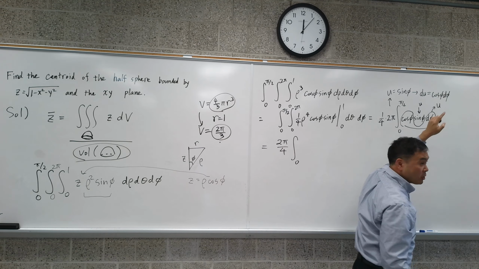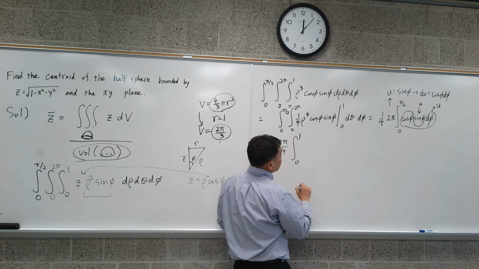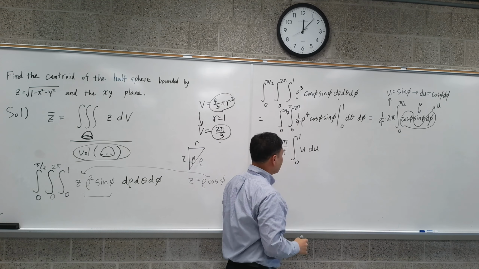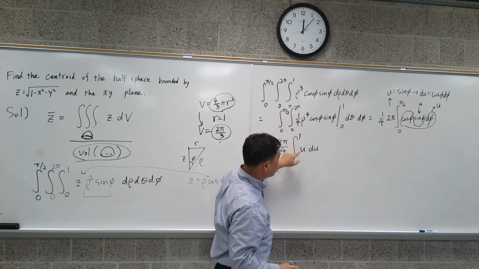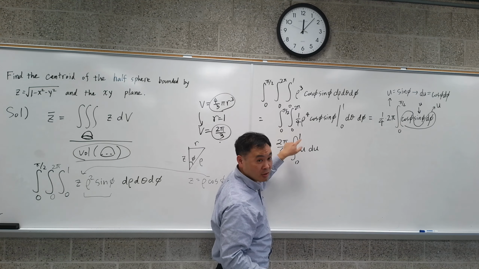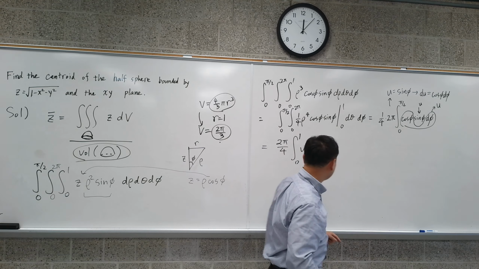Sine of pi over 2 is 1, right? So that gives you 1. And then you have u du. I needed to change these values. Don't forget to do that. These are the values of u. Since I have du, you have to put the values of u here. You can't just stay with 0 and pi over 2. Make sure you change that.